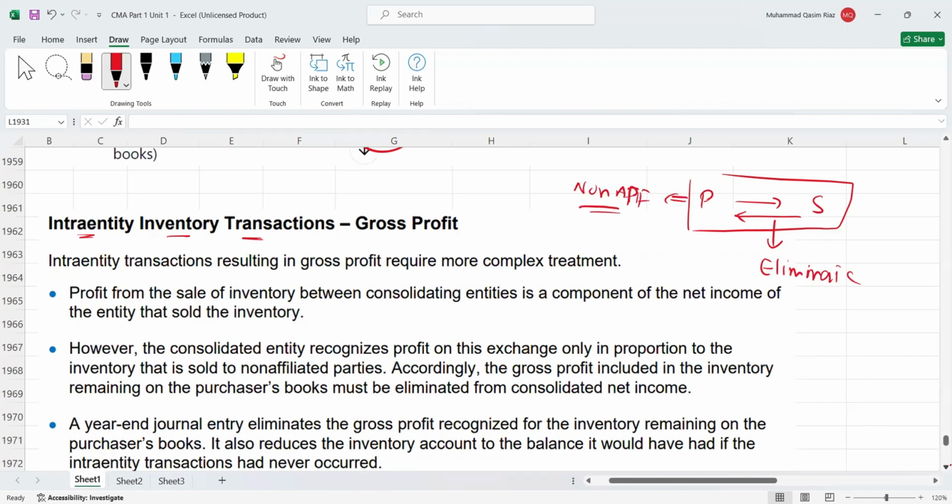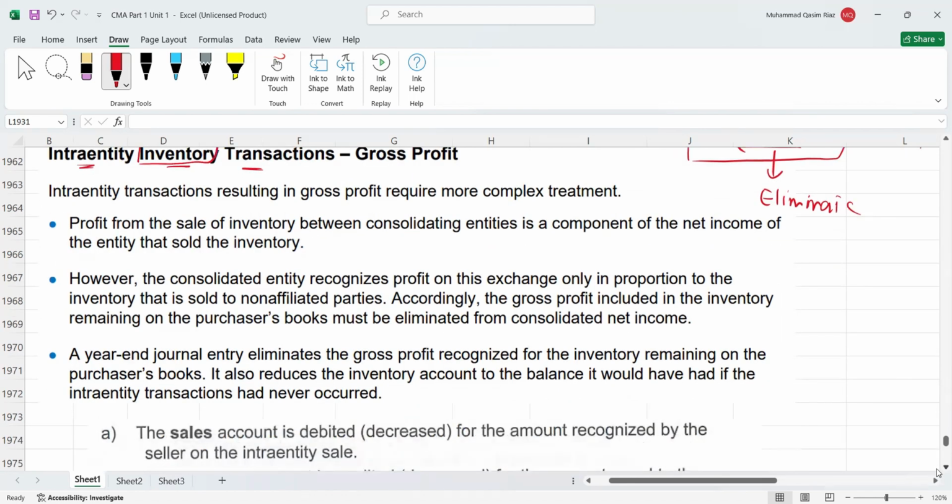Or if the subsidiary sold certain goods to a non-affiliated party or third party, that will also not be eliminated. We only eliminate intra-entity transactions. Now guys, let me go through some theoretical area and then I'll explain case-wise. Don't forget, we are dealing with intra-entity inventory.